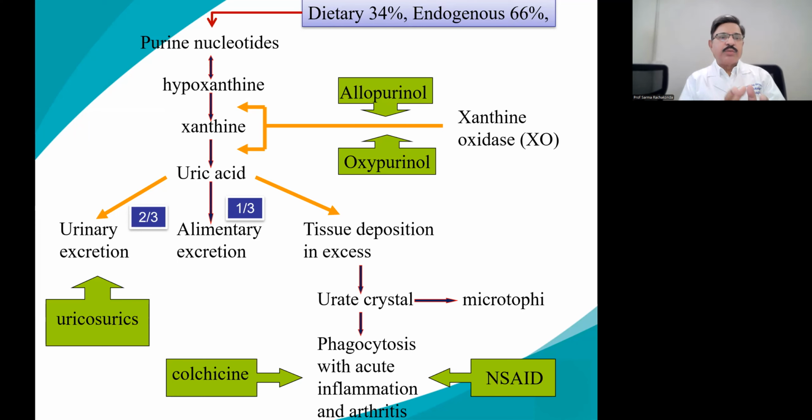Or the one that is formed, I try to throw away out in the kidney through the urine by increasing the uricosuric drug. Or I can use at the site of inflammation the anti-inflammatory, particularly colchicine, and then the NSAIDs. So this is the mechanism I use. The newer drug febuxostat also is a xanthine oxidase inhibitor. Understood now?